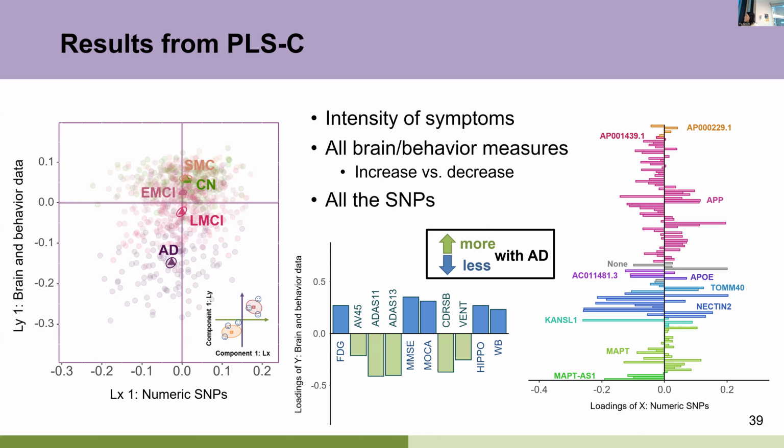So it's telling you that maybe some of these genes are protective. Some of these genes contribute to your risk of having more severe symptoms in Alzheimer's disease. Makes sense so far?